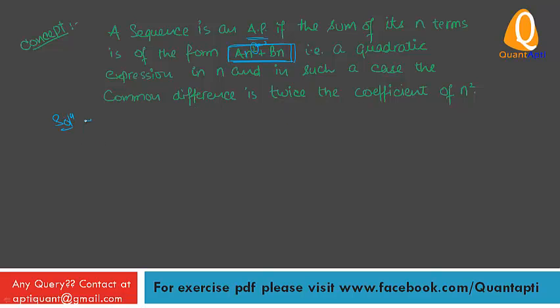For example, if Sn is given by 3n square plus 2n, then we can say that it is the sum of n terms of an AP with common difference 6, given by twice the coefficient of n square.